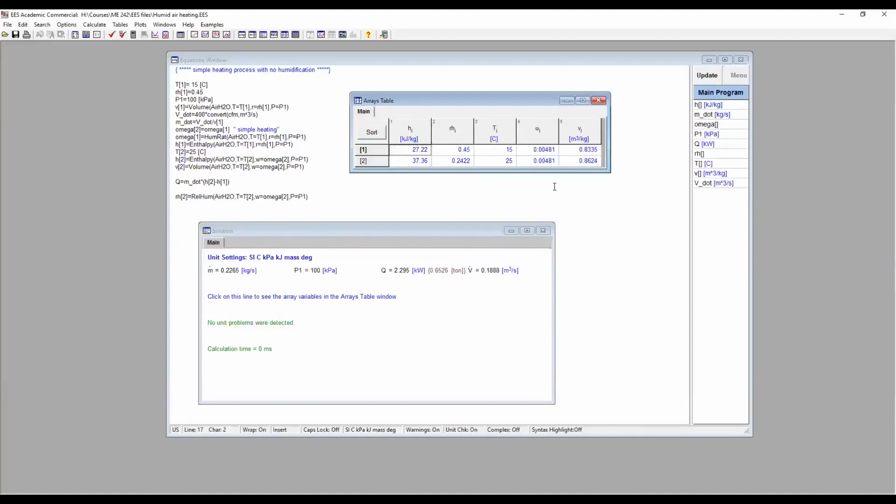It doesn't affect our calculation, but if we need to do any calculation using omega, our psychrometric chart reading was a little bit off. And what were the specific volumes that we used? 0.83 and 0.86. Okay. Any questions so far?